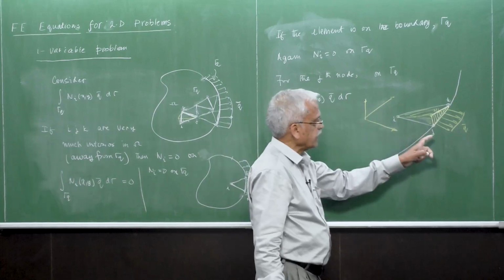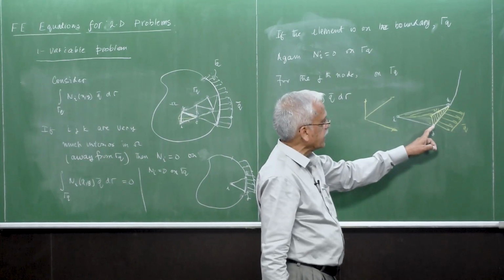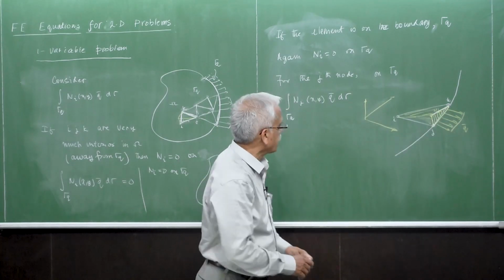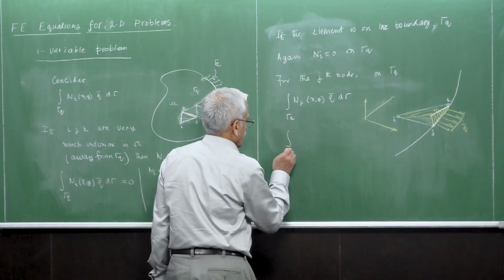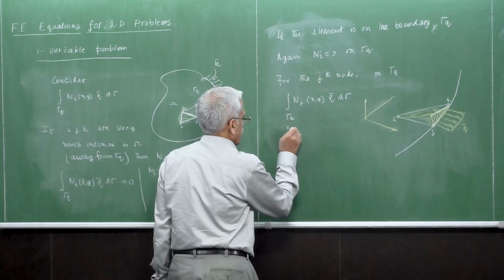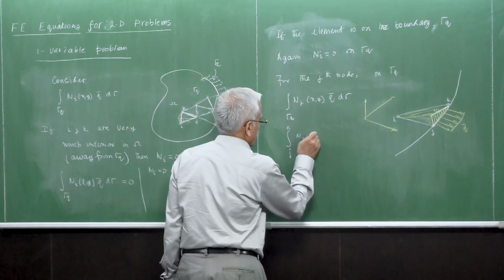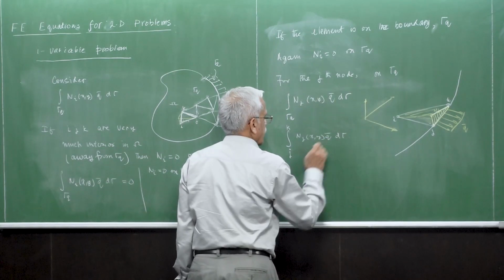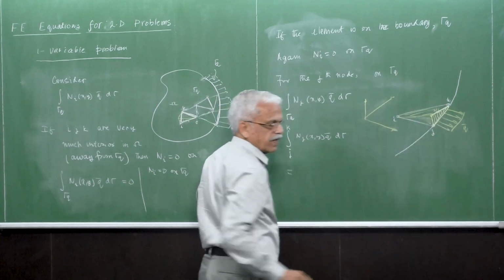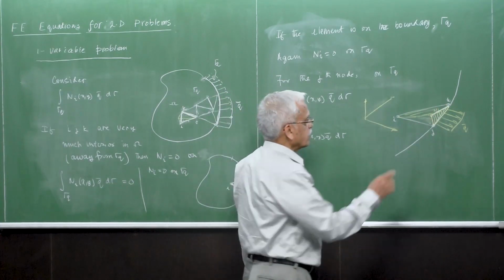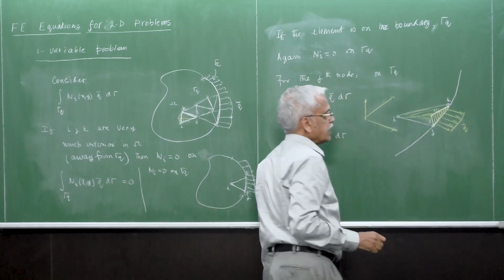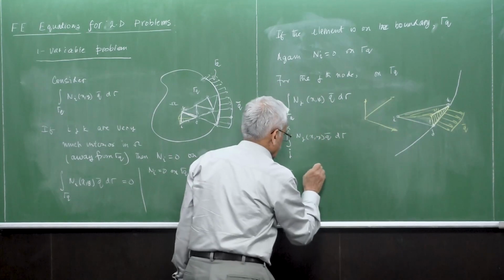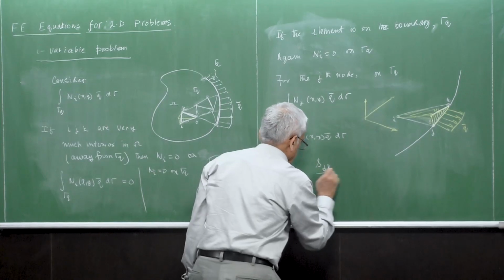So if you are integrating Nj along gamma q, then Jk falls on this gamma q, and then you have to integrate it from J to K. At J, Nj is having a value of 1, and if you integrate it from this to this, it will be a value of Sjk by 2.